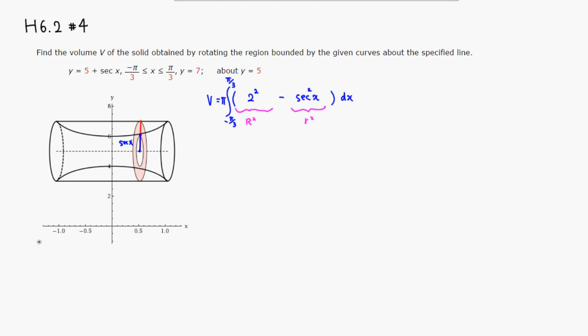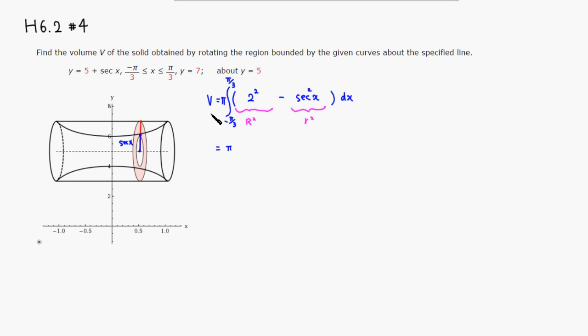Then here's a pi. Secant is an even function, and 2 squared, a constant, is also an even function. You're going from negative pi over 3 to pi over 3.